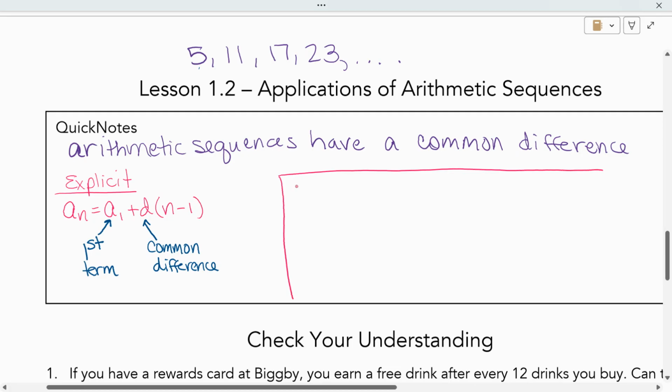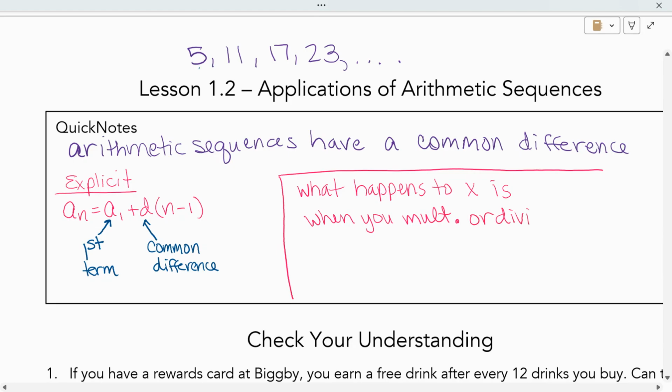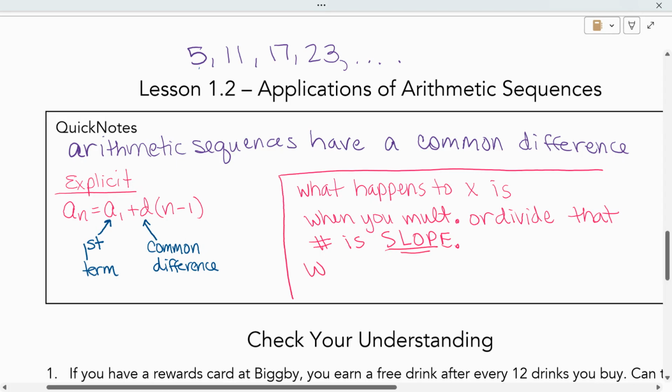So what we discovered today is what happens to X is when you multiply, or divide, that number that you multiply or divide by is slope, and what you add or subtract is the y-intercept.